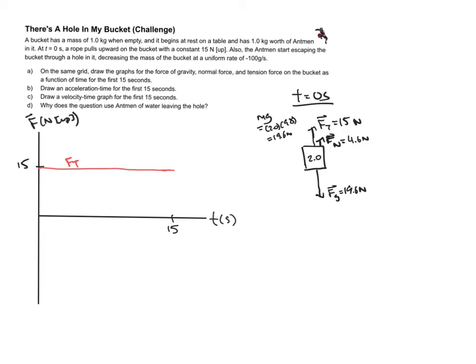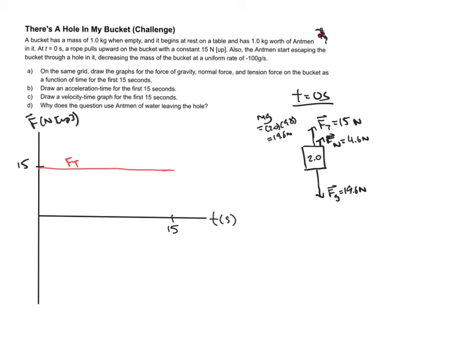It's going to lose mass at a rate of 100 grams a second because the ant-men are leaving through the hole. So when will we run out of ant-men? When will all the ant-men be gone? That's going to be an important time in this scenario.